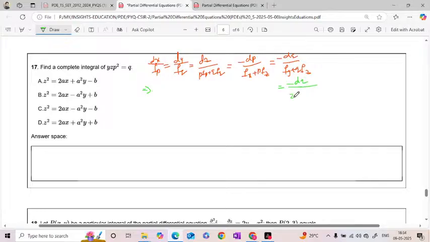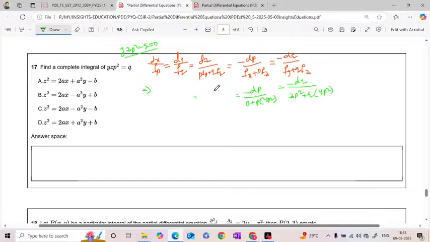Fy is z p square, and here our function is y z p square minus q is equal to 0. Plus q into fz. Fz is y p square, and minus dp by fx is 0, fz is y p square.